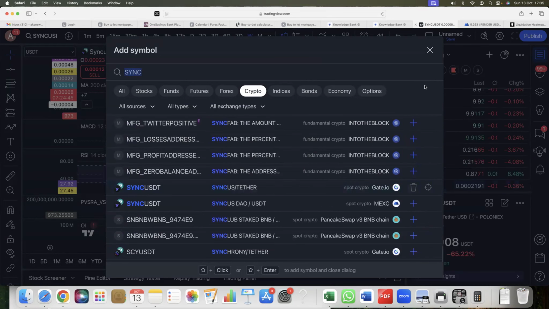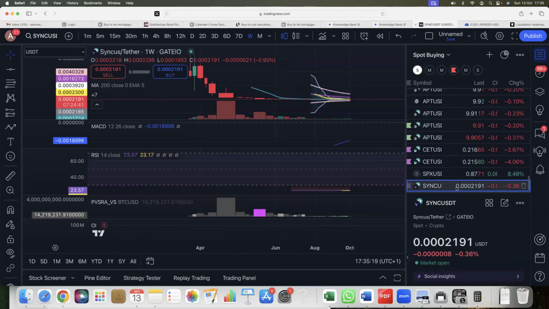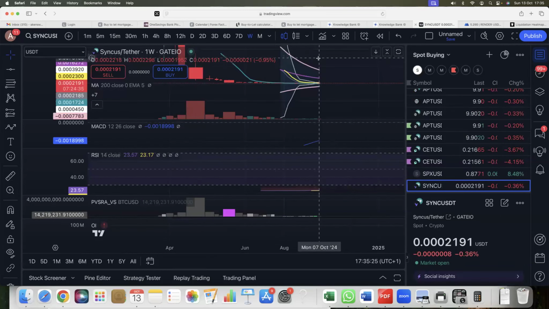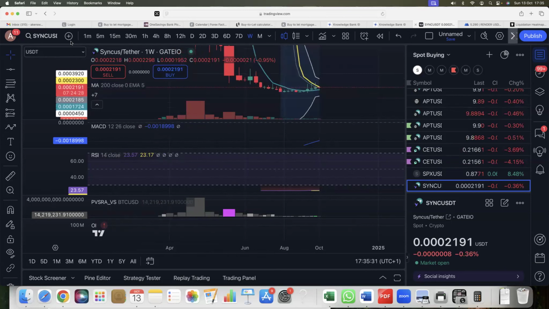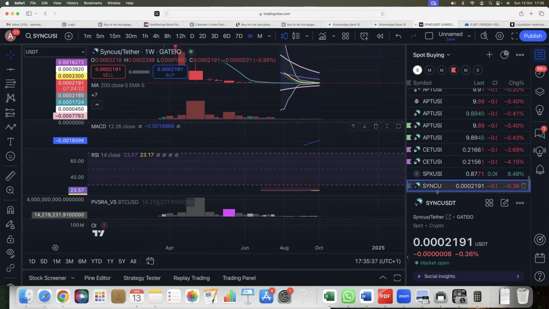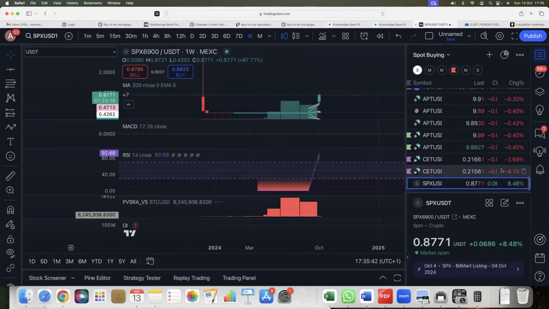Yeah, let's try this one. Could be this one. But no, they've taken that section of it off. It was a very similar story there. It was always going to come down back into the box.